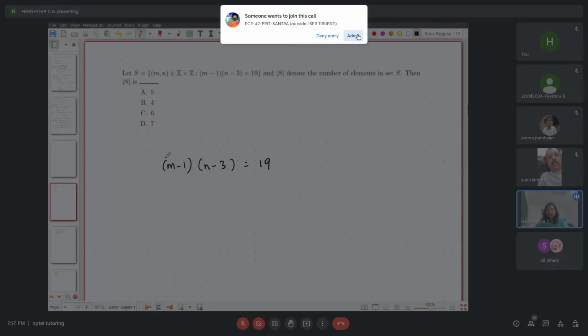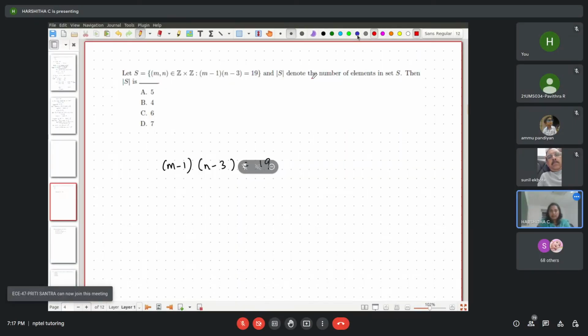So forgetting all these notations, what is it that we have? We have some number a into some number b equal to 90. Let's just rewrite it: a into b equal to 90.